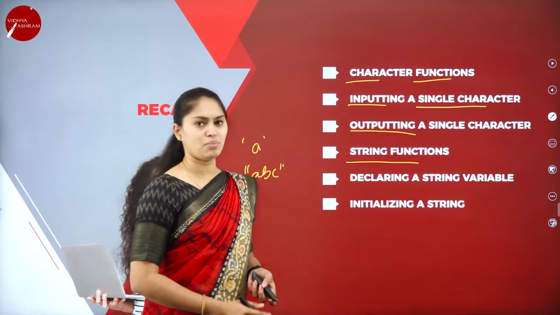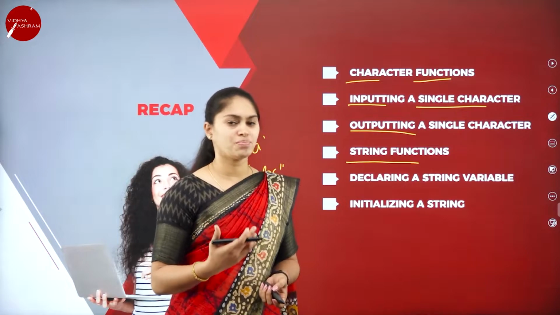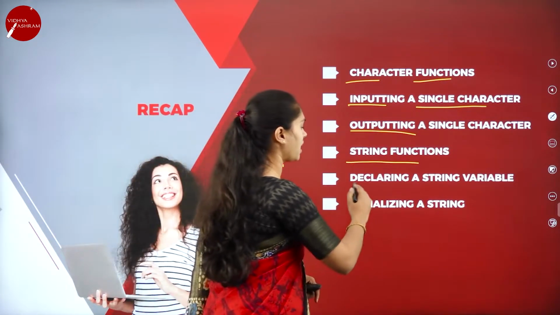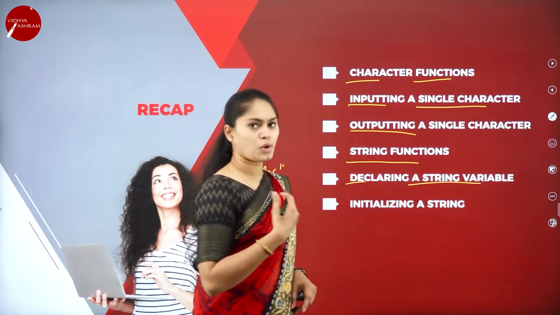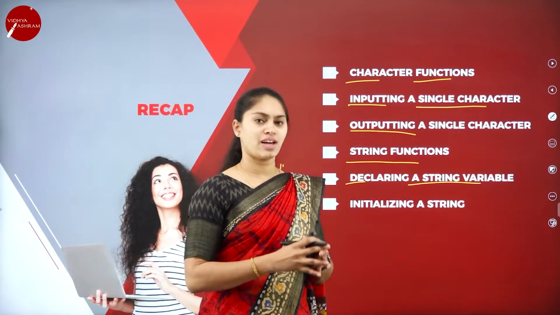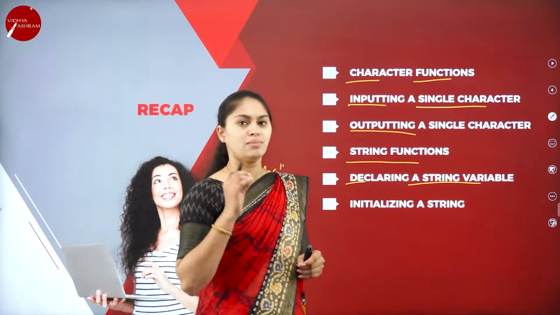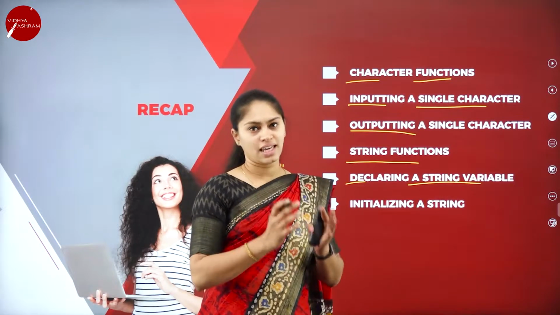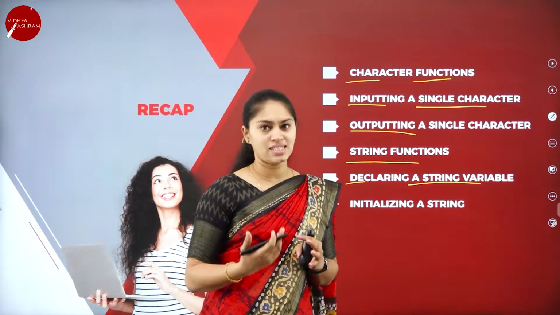In order to manipulate all kinds of strings, we use string functions. There I discussed how to declare a string variable. It is like the declaration of an array; there also we mention the size. But you have to understand one thing: in C++, we don't have a keyword or data type called string.